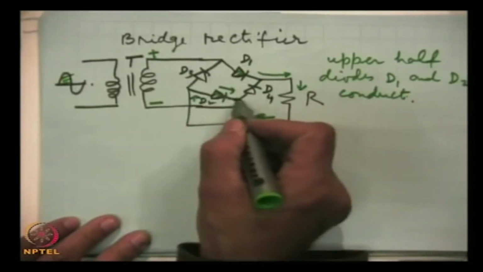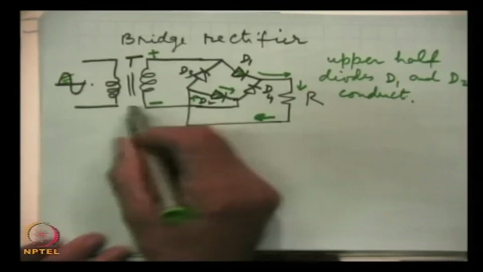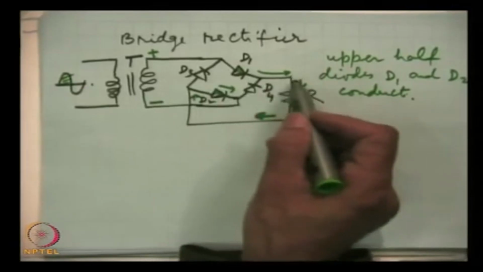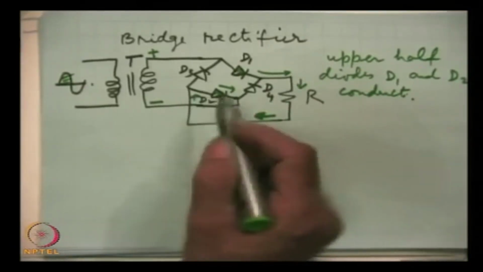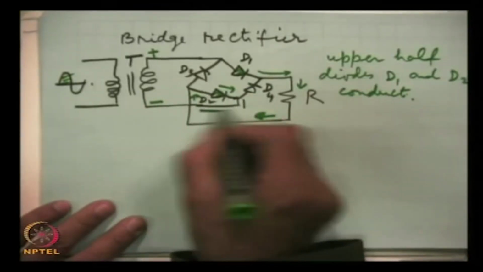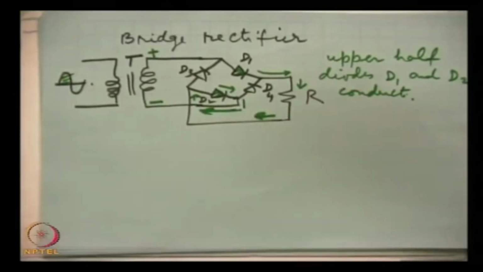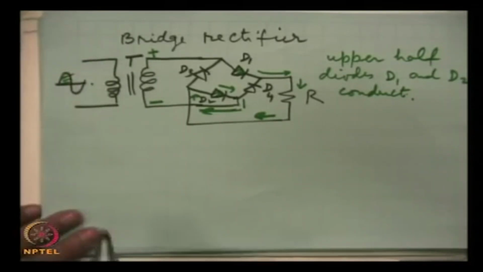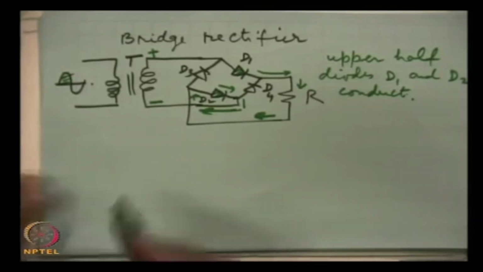This is the way the current continues, here, here, again like this. This will be the total path. And when this voltage is for the lower half, the polarities will be like this.